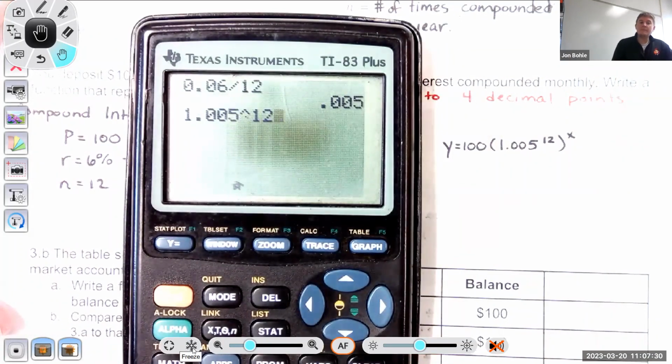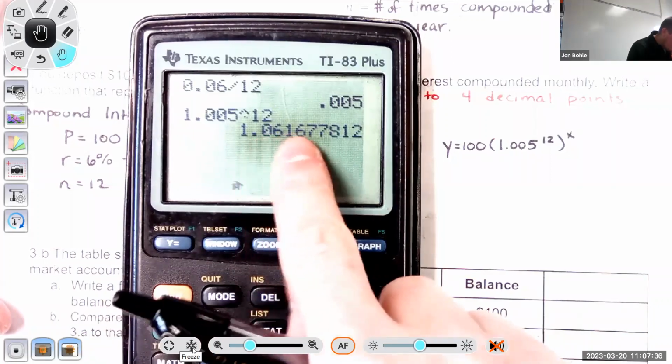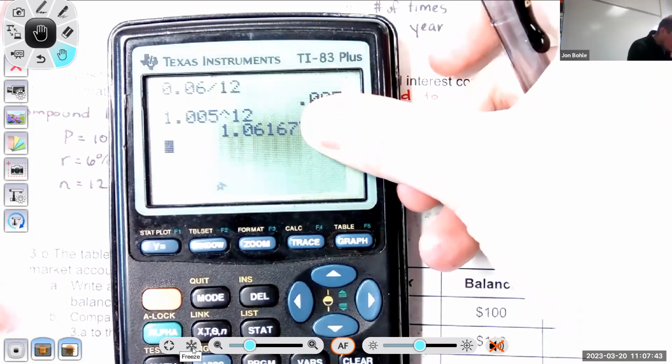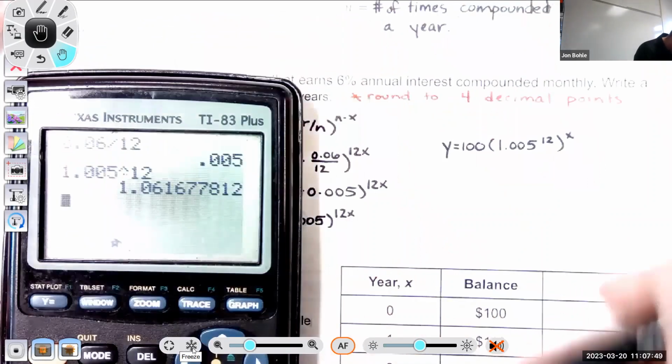Then I'm going to take 1.005 and raise it to the 12th power, and we're going to round to 4 decimals. 1, 2, 3, 4. Okay, so 0.06167. Round that 6 up to 7, or keep it at a 6? It's going to round up to 7.